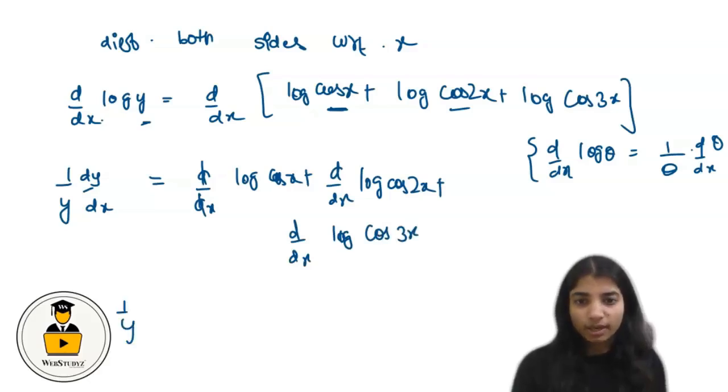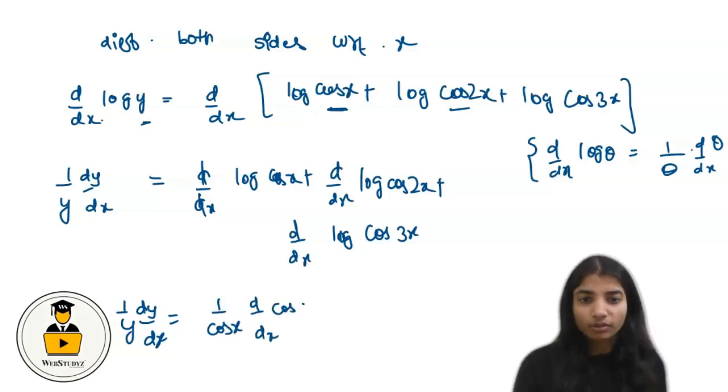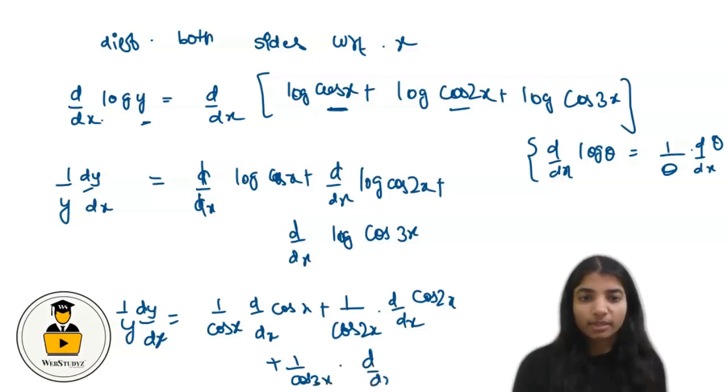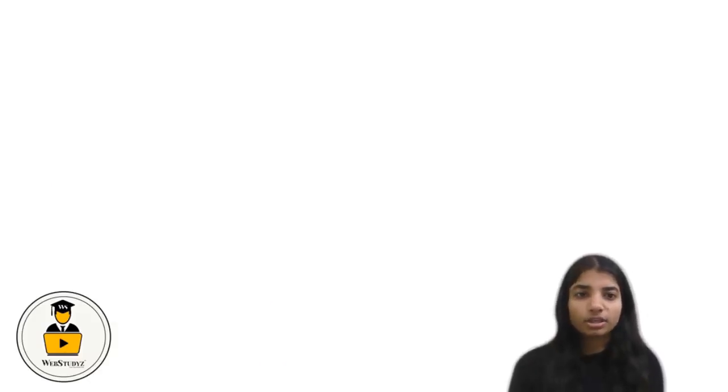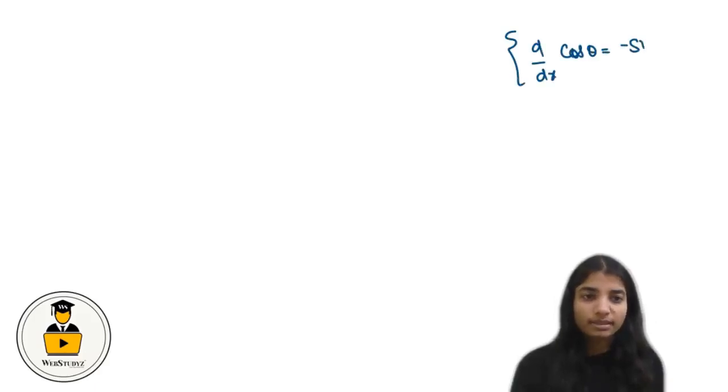So the left side is 1 divided by y, dy/dx, and d/dx of log of cos x becomes 1 divided by cos x multiplied by d/dx of cos x, plus 1 divided by cos 2x multiplied by d/dx of cos 2x, plus 1 divided by cos 3x multiplied by d/dx of cos 3x. And we know that d/dx of cos theta is equal to minus sine of theta multiplied by d/dx of theta.